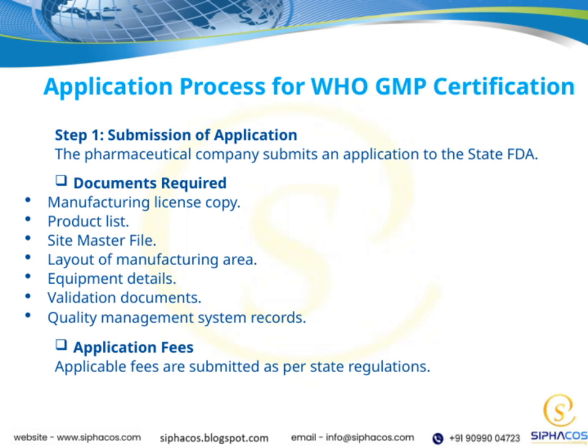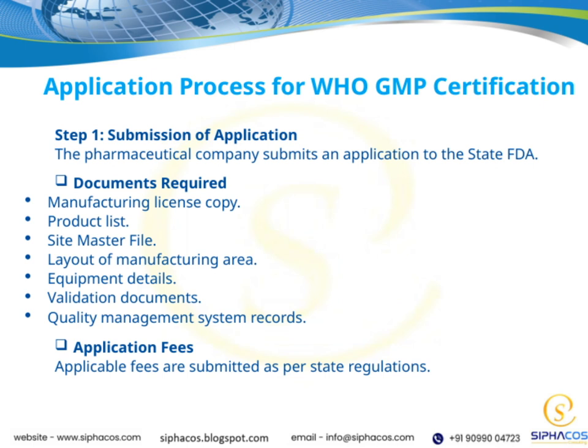First, you'll need a copy of your manufacturing license, which shows you are authorized to produce pharmaceuticals. Next, a comprehensive product list is required, detailing all the products you plan to manufacture under the certification. You should also prepare a site master file, which provides an overview of your manufacturing site, including processes, quality systems, and facilities.